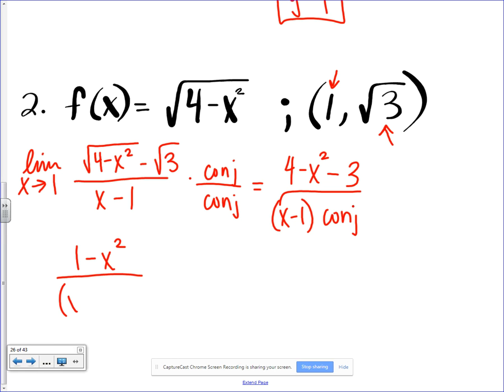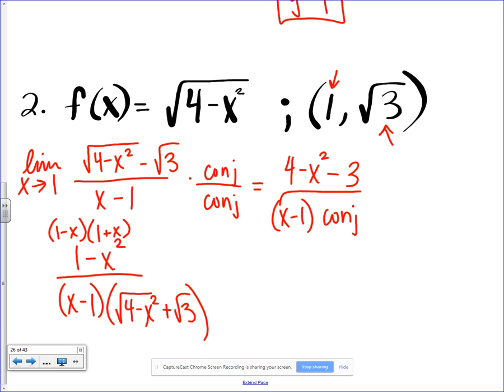And then I have my denominator, which looks like this. The numerator will factor into that. And then these will cancel as opposites, which means I need to put a negative out front.